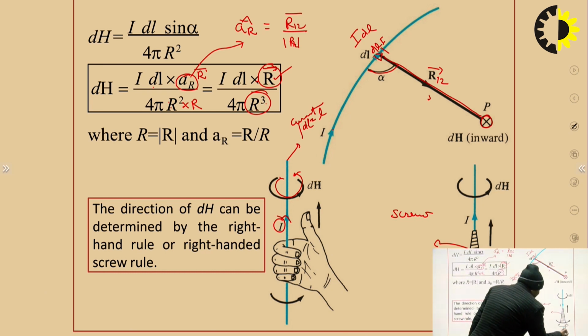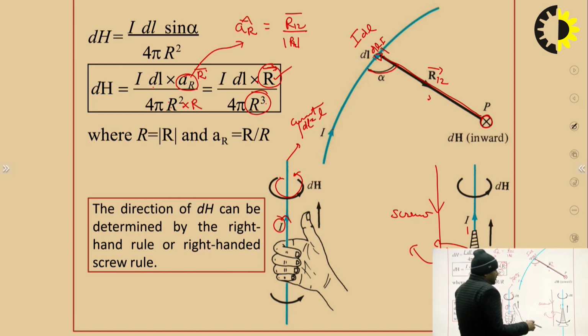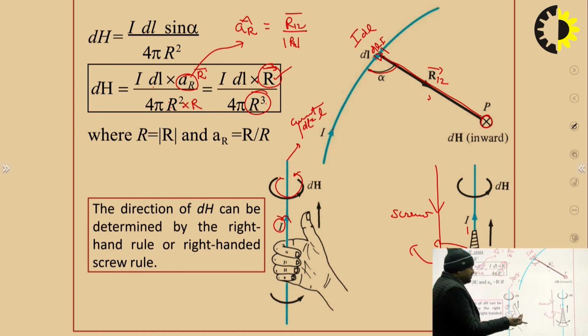So if the current is flowing in this direction, this screw is tightened, moving in that particular direction. Or if the current is flowing the other way, this screw is released. So we can say the direction of that particular dH should be the clockwise direction.